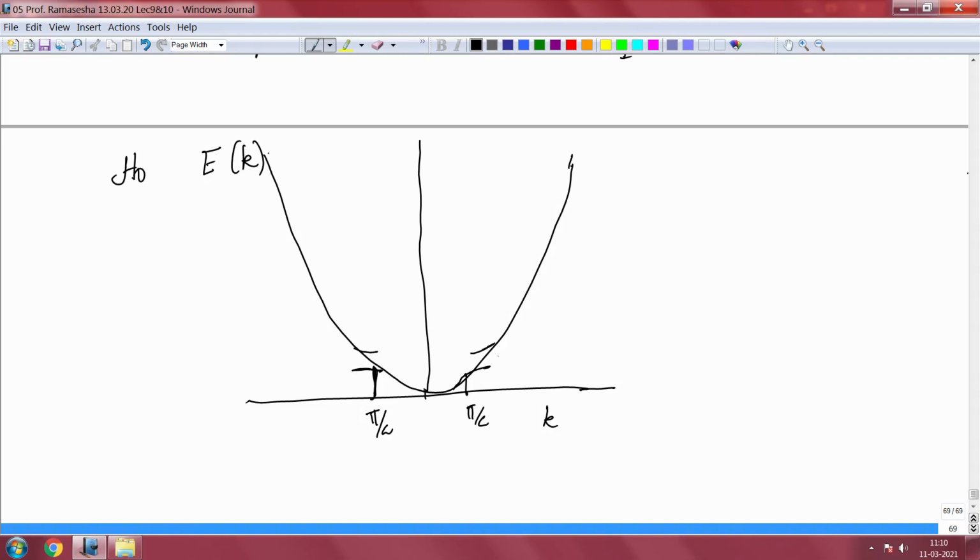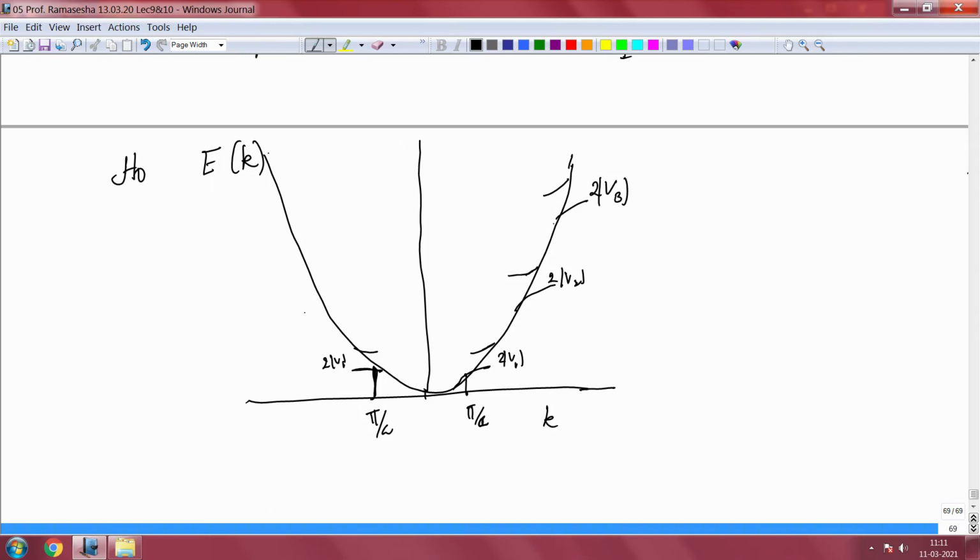So, I have a gap of 2V1 at this point. This is pi by a, and when I go to the next one, I will have a gap which is 2V2, and again further up if I go to pi by 3a, then I have 2V3 and so forth.